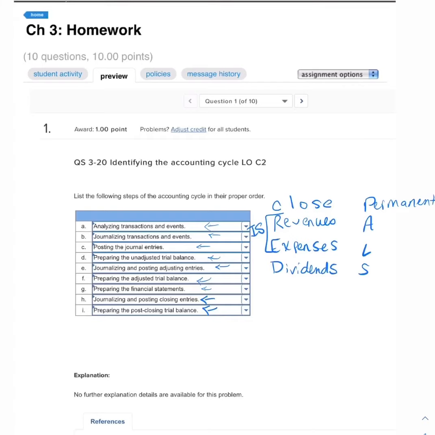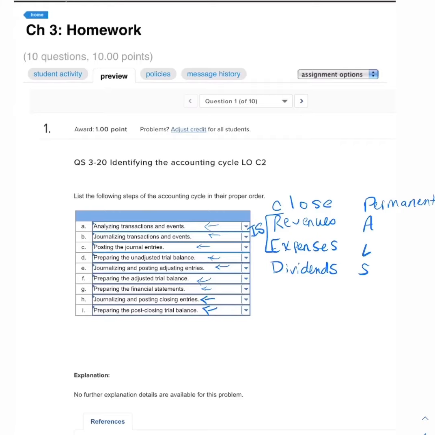They do, in fact, reduce equity. But because when someone buys a share of stock, we do not send that to a revenue account, when we give them their money back, it cannot go to an expense account. It would violate the matching principle. For that reason, dividends, in fact, do not show up on the income statement.